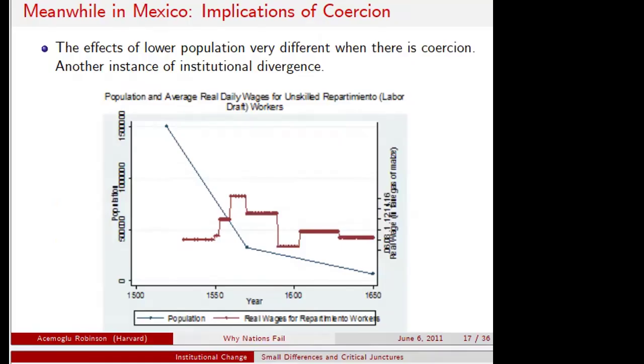So in free markets, scarcity of labor leads to higher wages, which leads to LST, which leads to productivity growth. In a coercive system, scarcity of labor just tends to make coercion more intense, and there is no mechanism for improvement, no feedback loop towards growth.